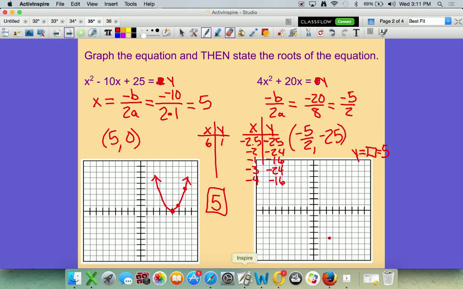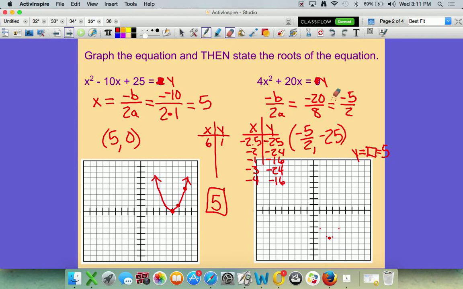Alright, so this one's going to be kind of messy to actually graph here. Negative 2, negative 24, negative 1, negative 16. So something a little bit wider than what we normally have. Okay, so I graph it out, I get those 5 points. What the heck is that supposed to be?